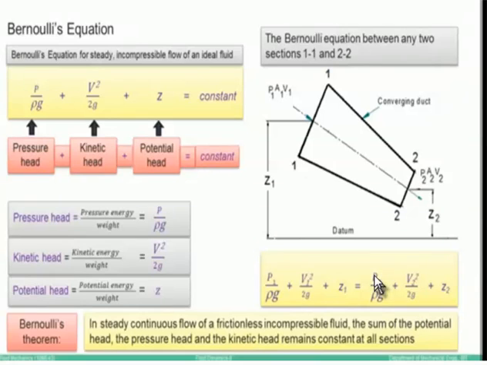This is how we apply Bernoulli's equation to the two sections, section 1 and section 2.